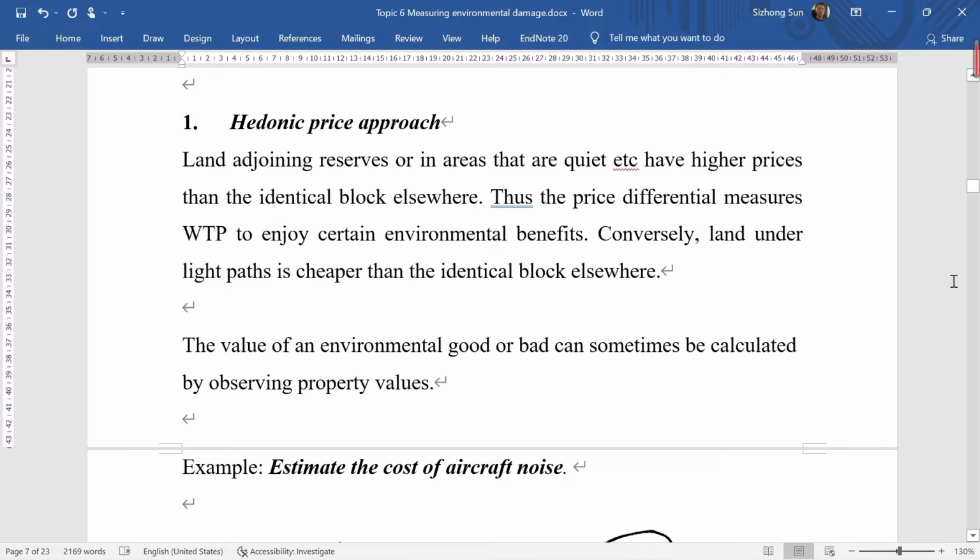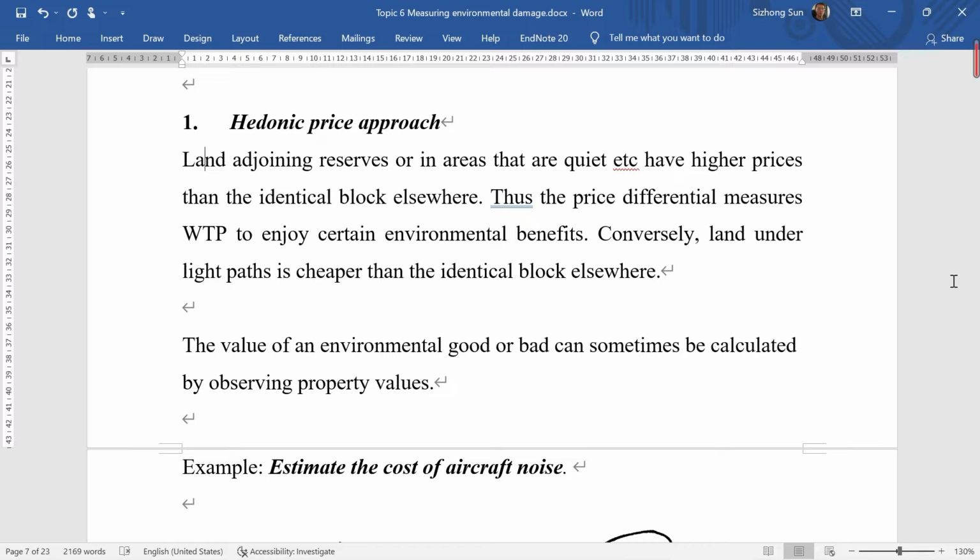Land adjoining reserves or in areas that are quiet generally has higher prices than the identical block elsewhere. Identical. Everything else is the same except one is close to the reserves and the other is somewhere else.